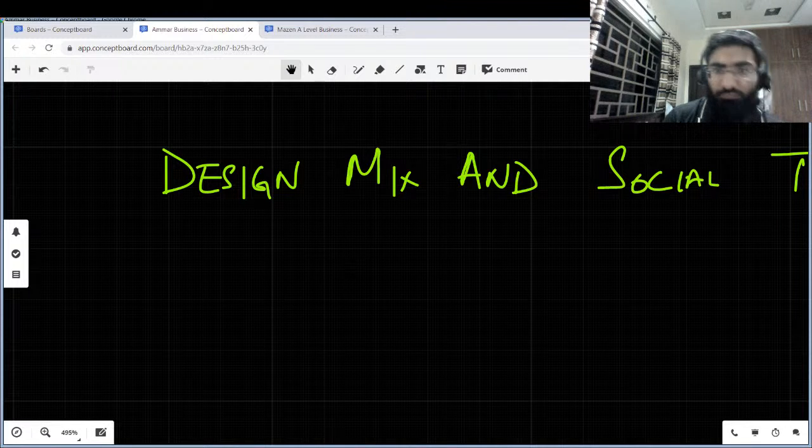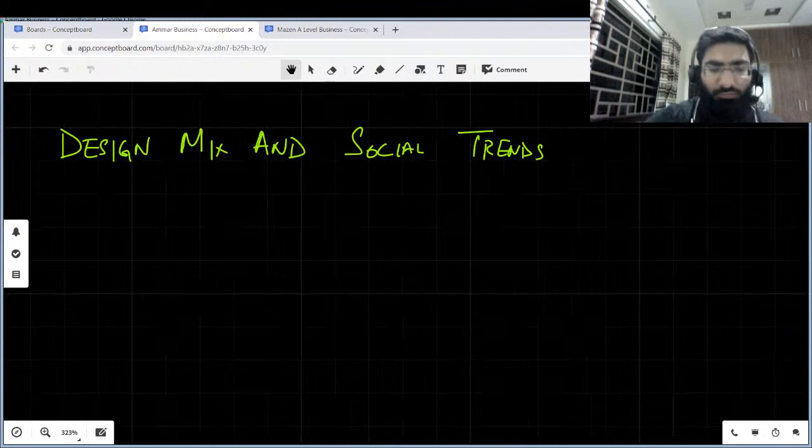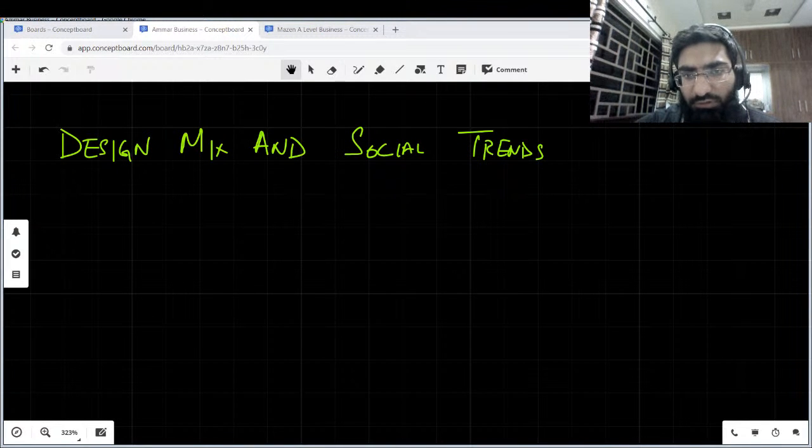What is the name of the chapter? The name of the chapter is Product Service Design.